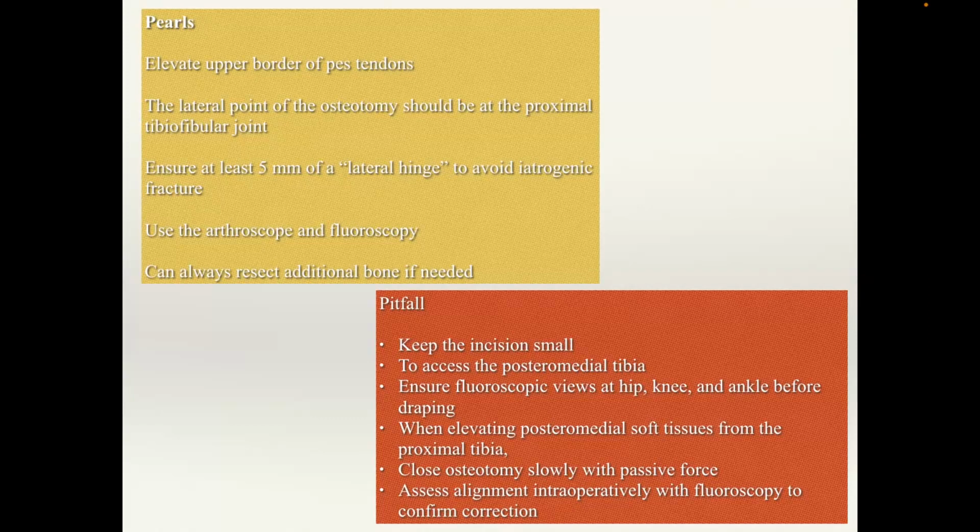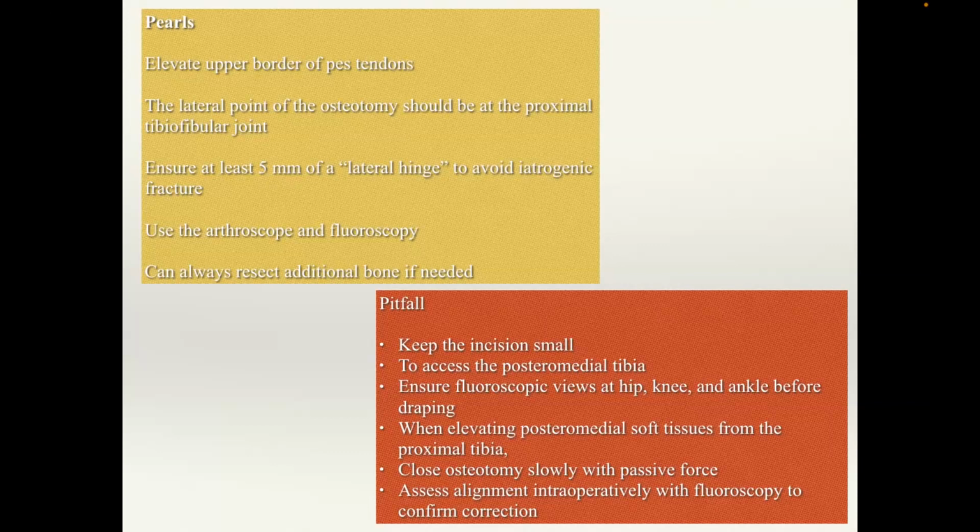And to avoid iatrogenic fracture, you should always ensure 5 mm of lateral hinge, and you should do arthroscopy and fluoroscopy before, to assess the lateral compartment. Any wear and tear, osteoarthritis, or cartilage damage should be documented. In this procedure, you can always resect additional bone if needed.